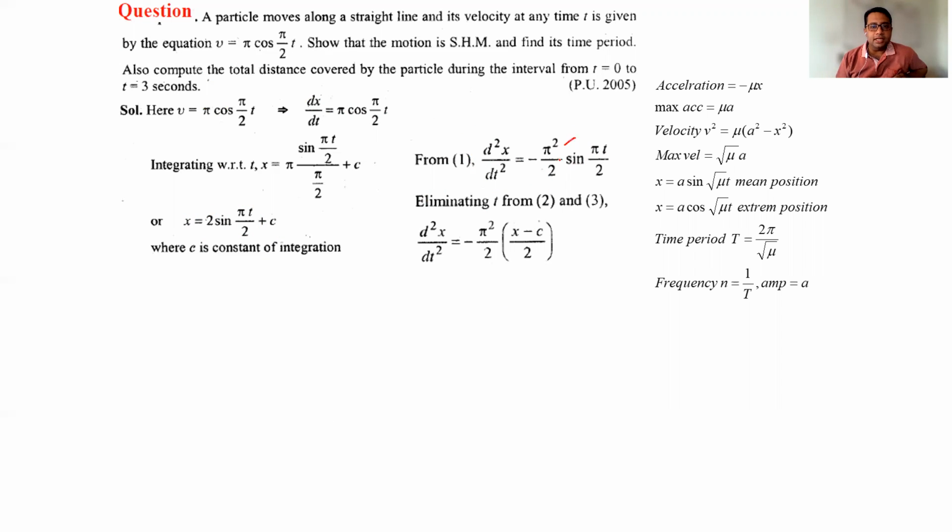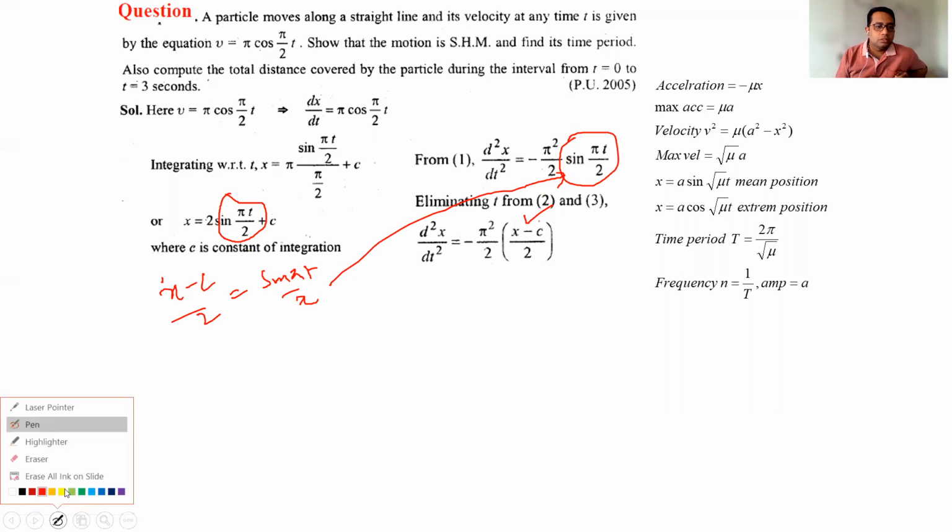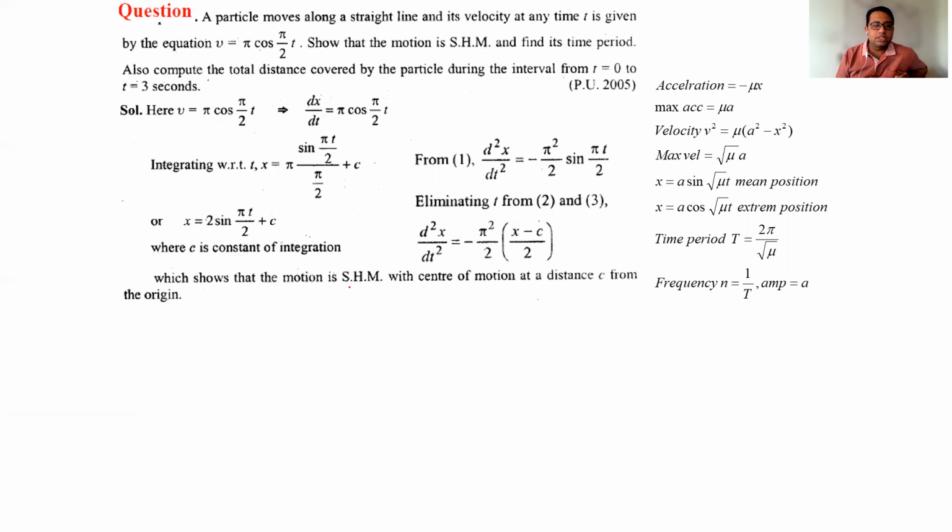You can easily see that here we have sin pi t by 2 and here also we have sin pi t by 2. Evaluating from the x equation, x minus c by 2 is sin pi t by 2. Substituting this value here, you will have f equal to minus pi square by 2 times x minus c by 2. This shows that the motion is simple harmonic motion.